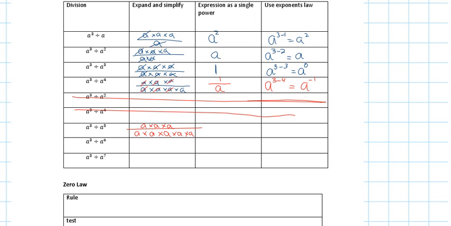Let's cancel. So 1, 2, 3. What do I have? So 2. Okay, so what's left? 1 over a squared. It's not 2. It's 1 over a squared.